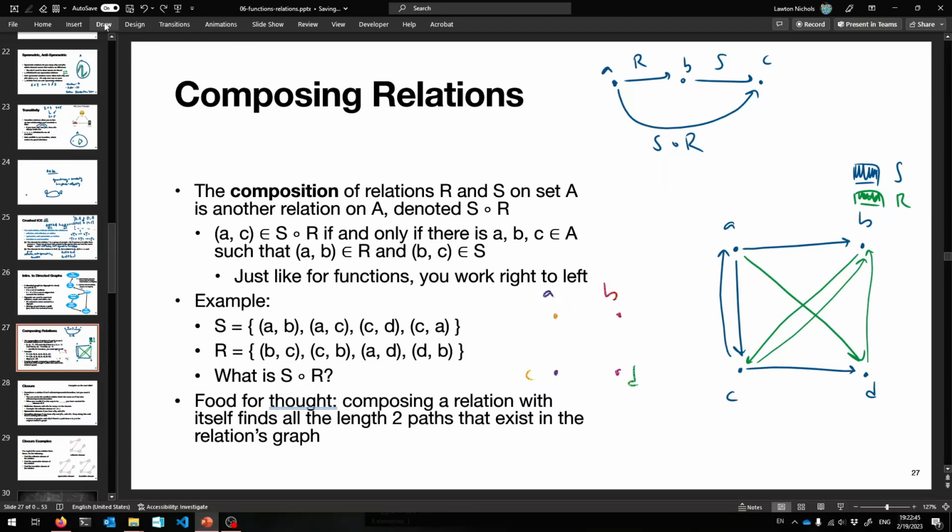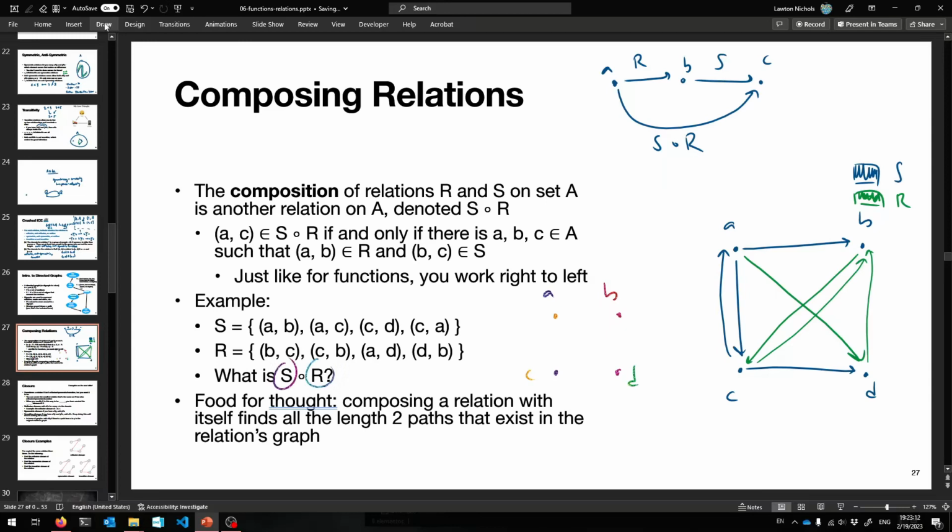So it's like, do R first and then S. There's no way in R to get from A to B, right? But there is a way in R to get from A to D, and then if there were also a way to get from D to B in S, then it would be in the composed relation. So essentially, the idea of the composition is follow an R arrow, then follow an S arrow.